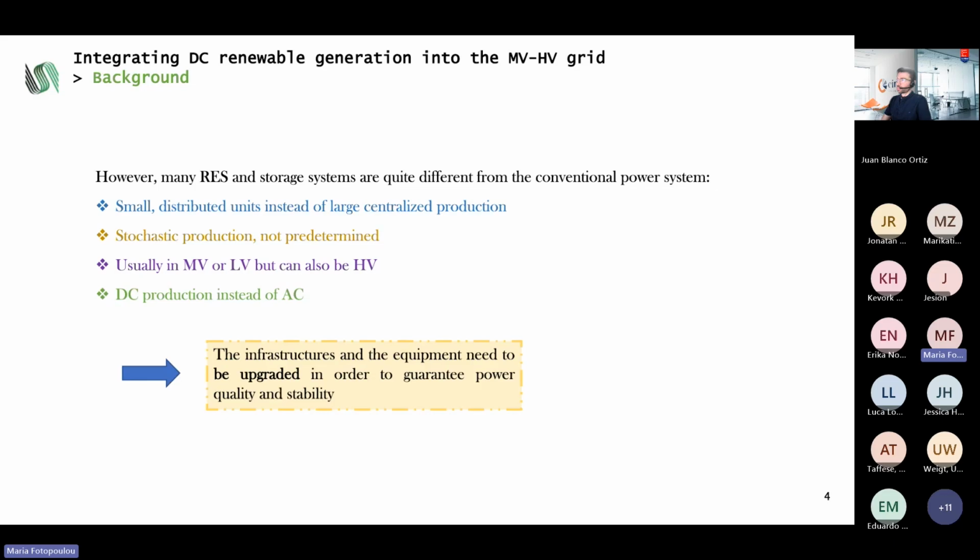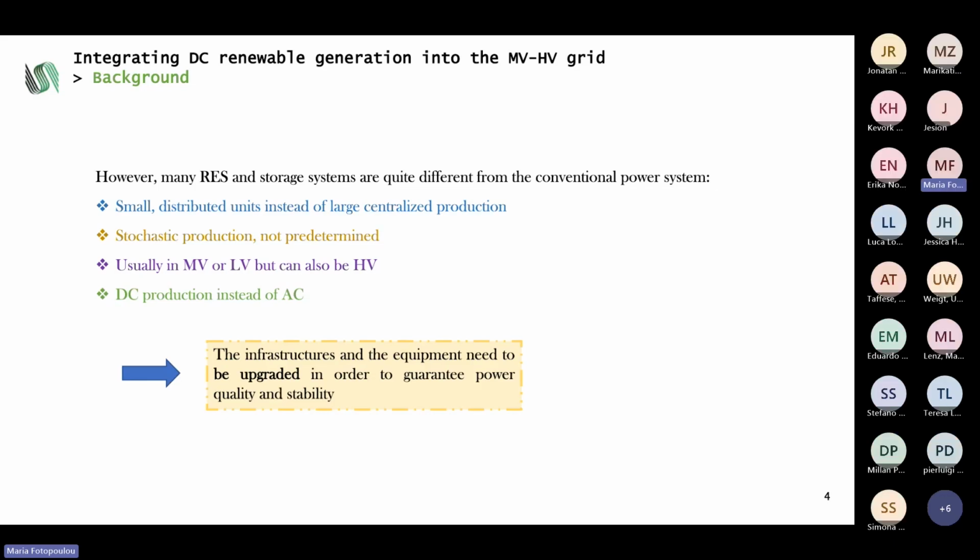For example, they're quite small and distributed. They're not like the large centralized production that we used to have. Moreover, their production is not predetermined, it is stochastic, especially for photovoltaics and wind farms, and they usually operate in medium voltage or low voltage. They can also be connected in high voltage.